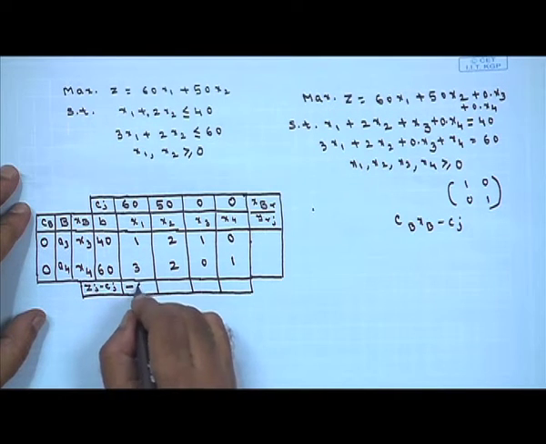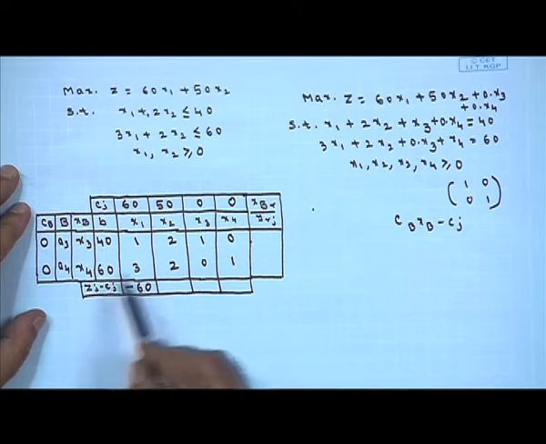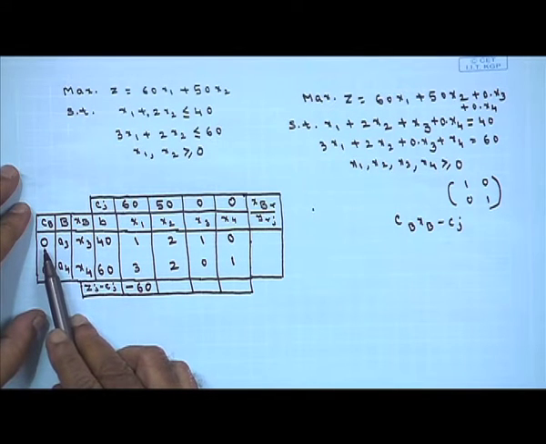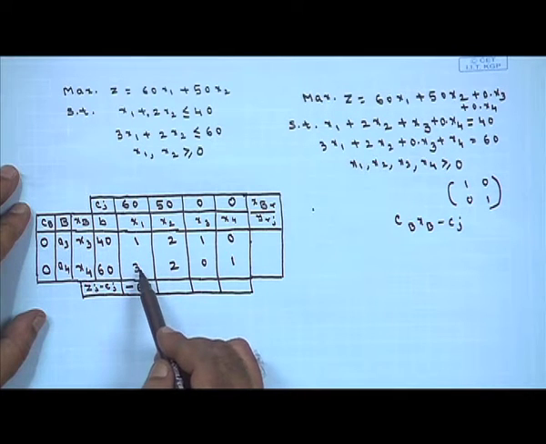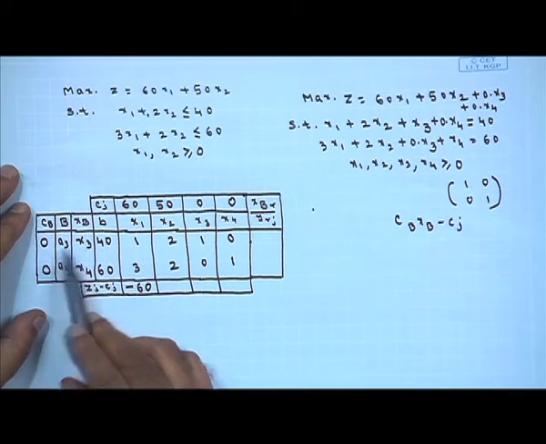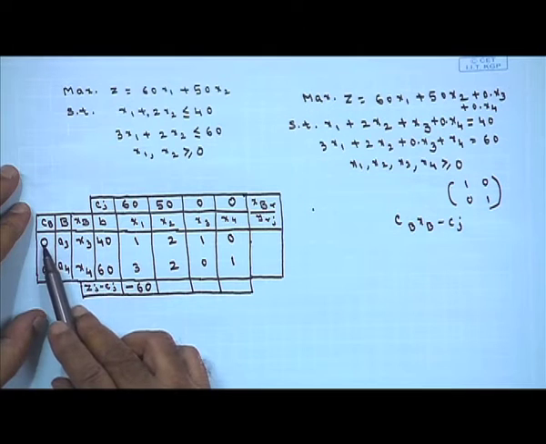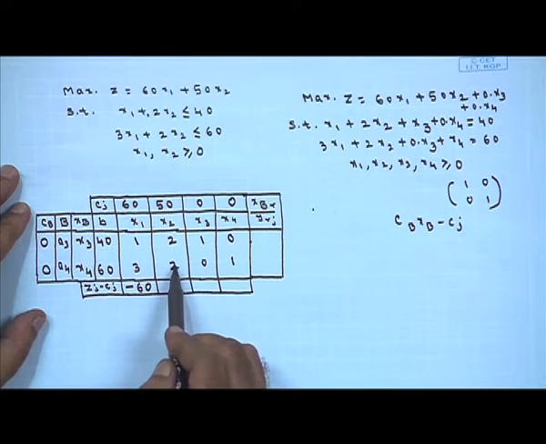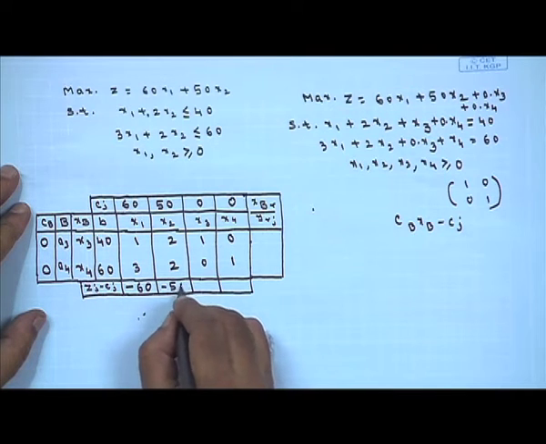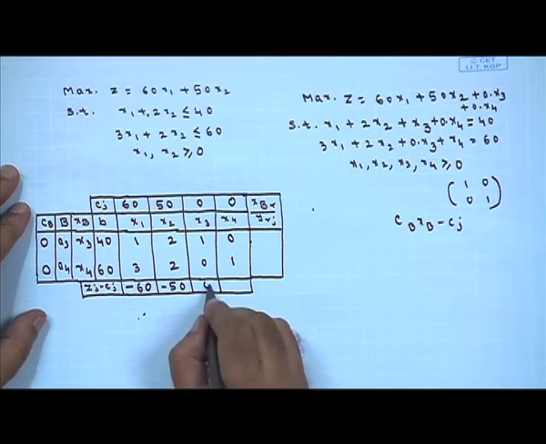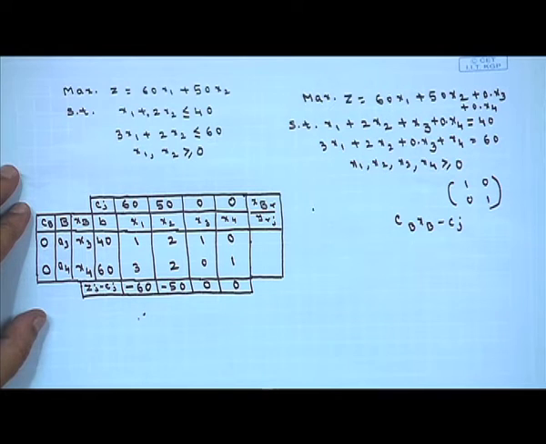So, it will be minus 60. So, it is C_B, this part, into the X_B value minus cj. For the second variable x2 it will be 0 into 2 plus 0 into 2 minus 50, so the value will become minus 50. The next ones will also be 0.